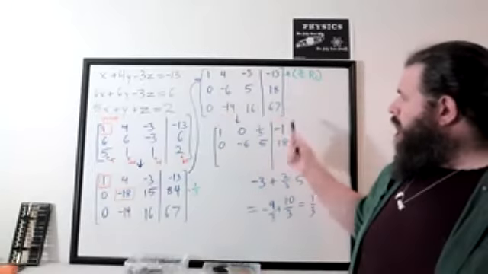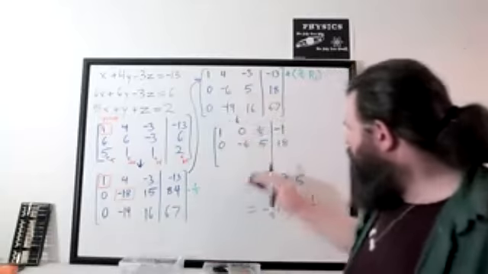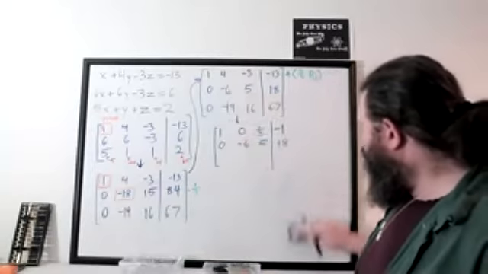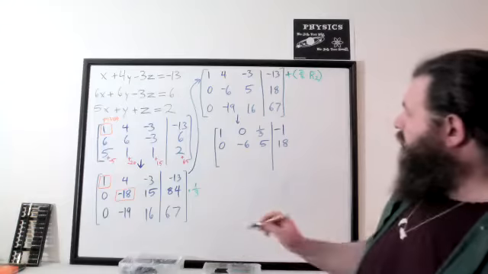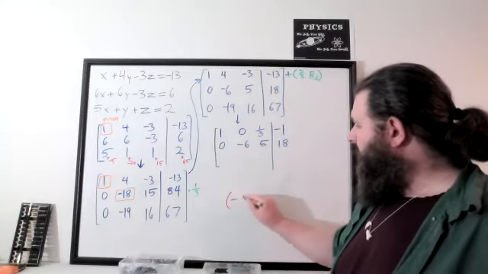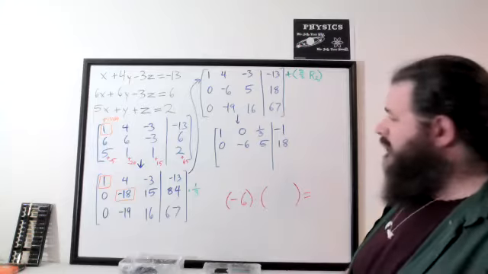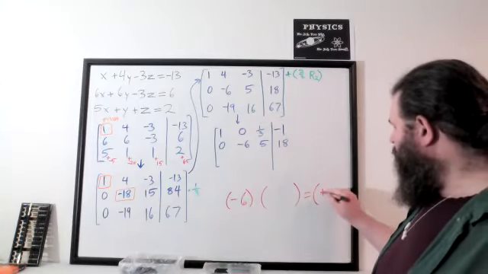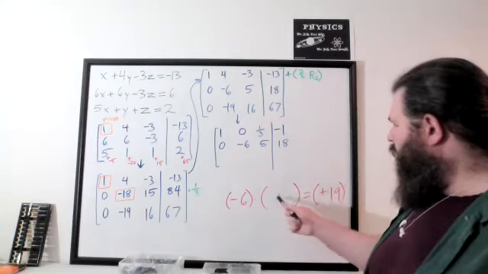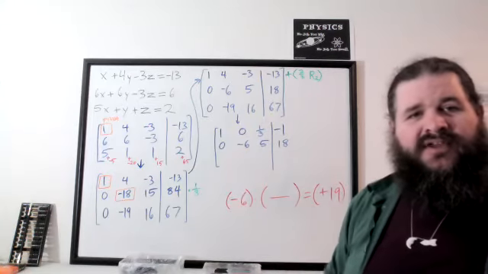And then third row, we're going to have to use the -6 to modify the -19. So we're going to have to choose what multiplier to use. We have a -6 that we are using as our tool. We want to multiply it by something to turn it into +19 to cancel out the -19. So what multiplier, and of course this is going to have to be a fraction because 19 is not an easy multiple of 6.